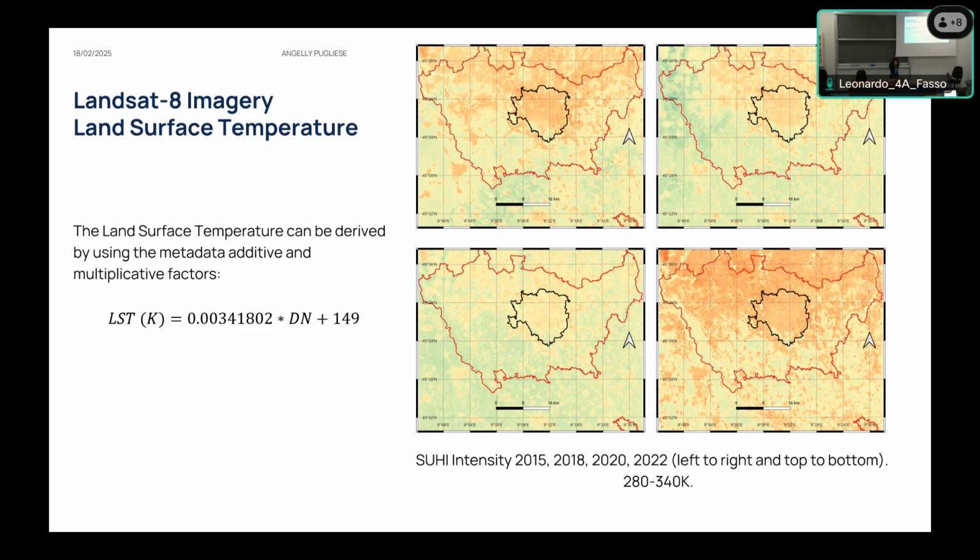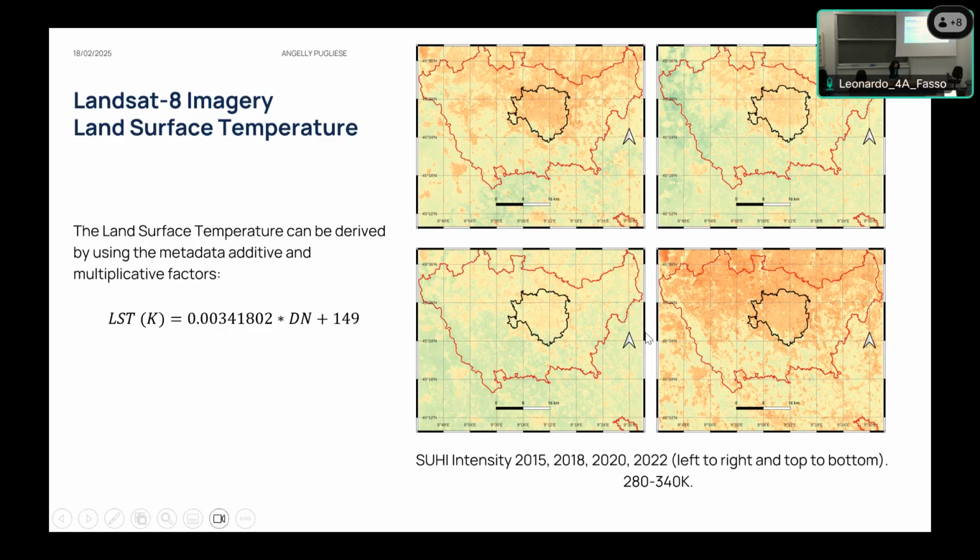Sorry, this is not surface urban heat island intensity, this is land surface temperature, and it is ranging from 280 to 340 Kelvin. So, yeah, you can see that it varies a lot.